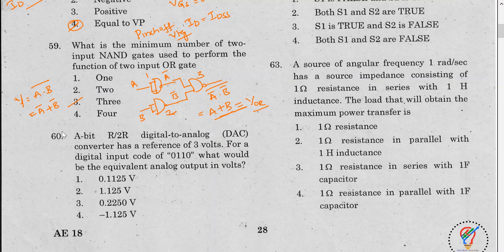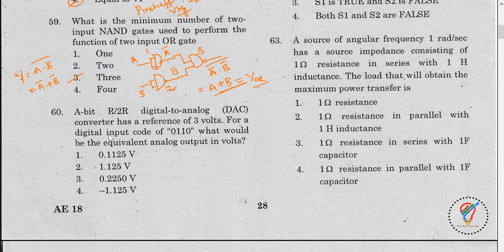Next question here. An n-bit R-2R digital to analog converter has a reference voltage of 3 volts. For a digital input code of 0110, what would be the equivalent analog output in volts? I'll write the formula here.